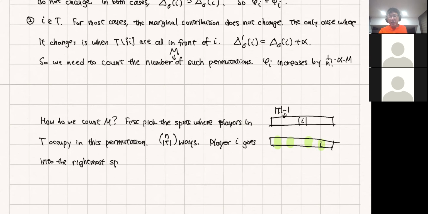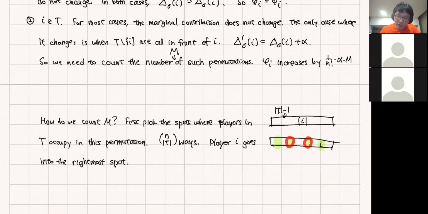Now that I goes into the rightmost spot, we will fill in the rest of the permutation.